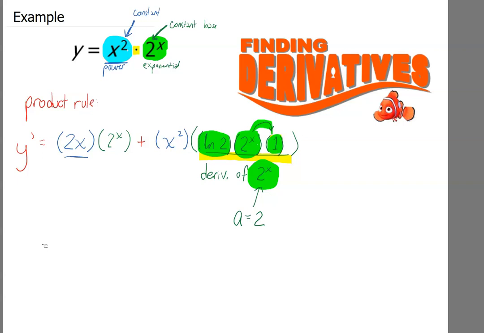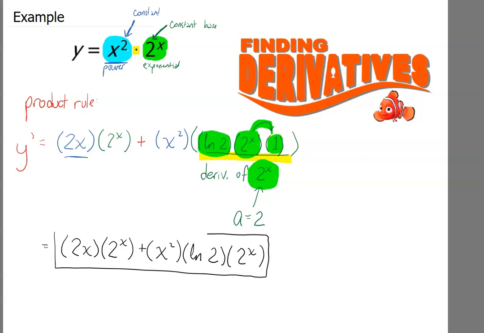So cleaning that up a little bit, I have 2 times x times 2 raised to the x plus kind of as many parentheses as you want here, and I won't bother rewriting that 1. And there again, that answer's fine. There's a little bit of factoring you could do if you wanted, but there's no need to do that.